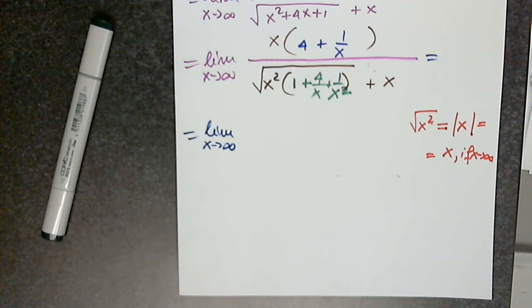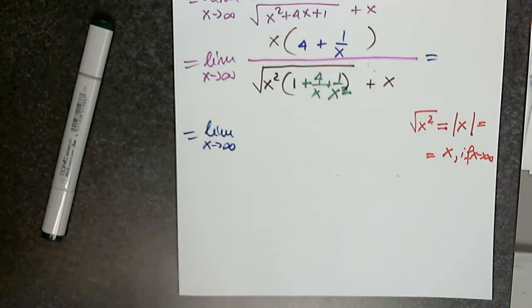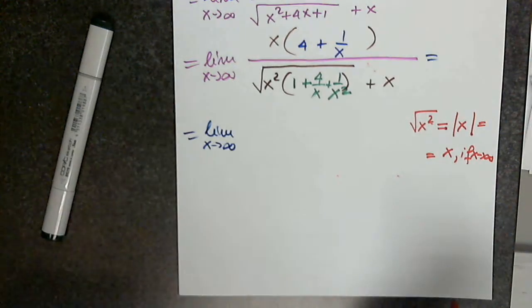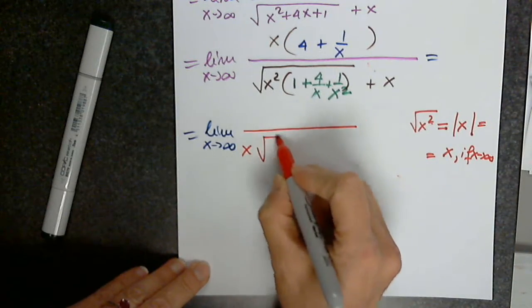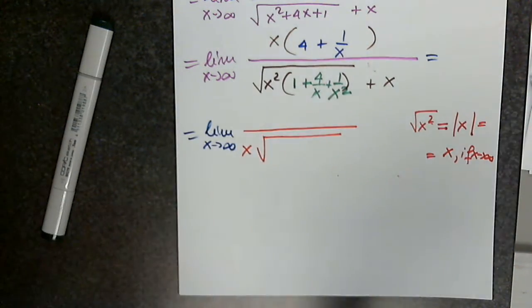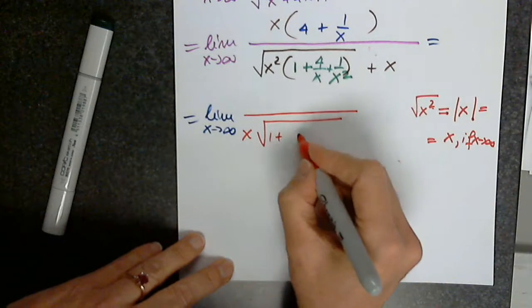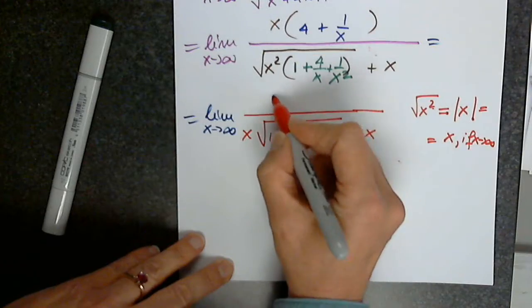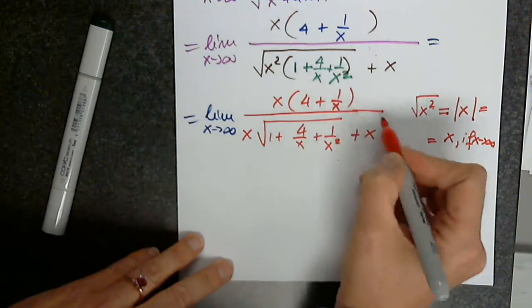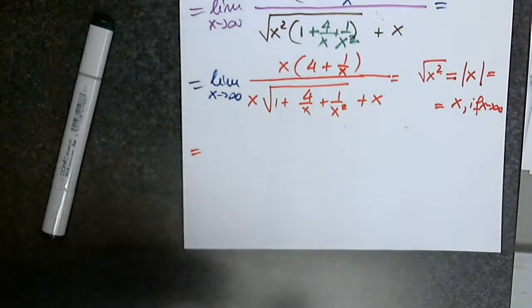Otherwise, it would have been negative x, if x approaches negative infinity. Good. So now I'm safe. So I will factor out the x instead of the absolute value or negative x. It's positive x, correct? And I have x times the square root of 1 plus 4 over x plus 1 over x squared, plus x. The numerator stays. And then what do I do?